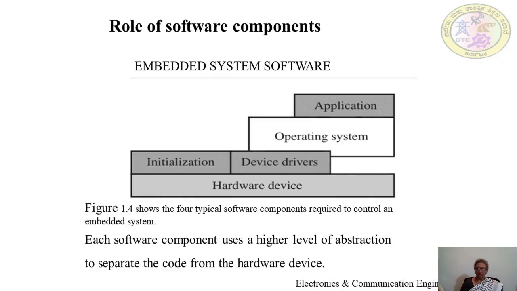Any embedded system requires software to drive it. The figure shows the four typical software components required to control the embedded system. These are the initialization software, the device driver, the operating system, and the application software.